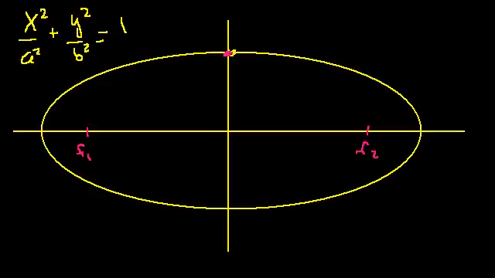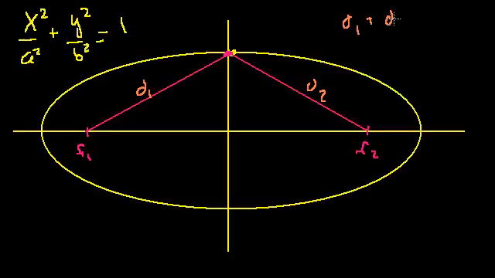So if you take this distance right here and add it to this distance right here, it'll be equal to 2A. So if we call this D1 and this D2, we know that D1 plus D2 is equal to 2A.